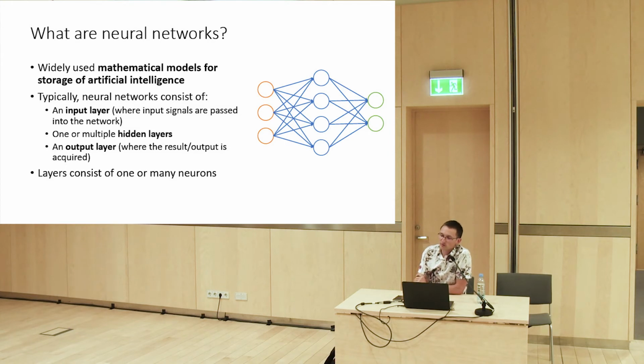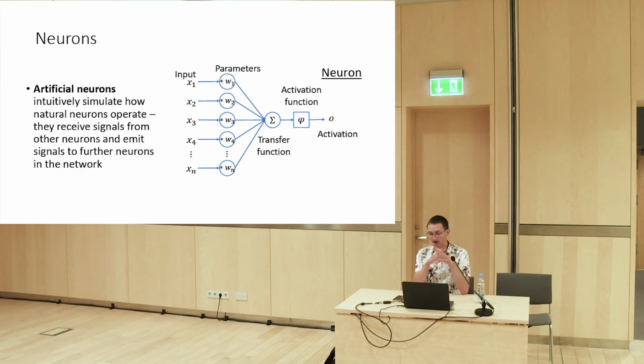It could be that it produces the output in one signal or many signals, depending on what the neural network does. Each layer of the neural network consists of one or many neurons, and each neuron is able to analyze input signals, and based on what it receives in the input signals, it is able to decide whether it needs to emit an output signal itself.